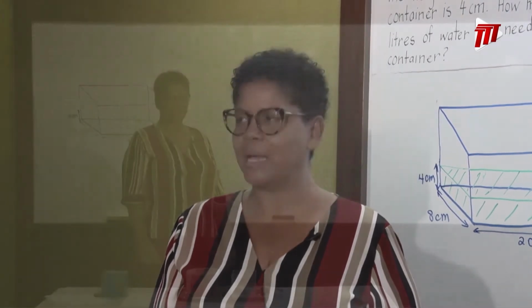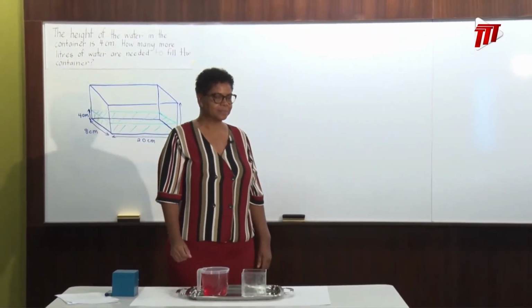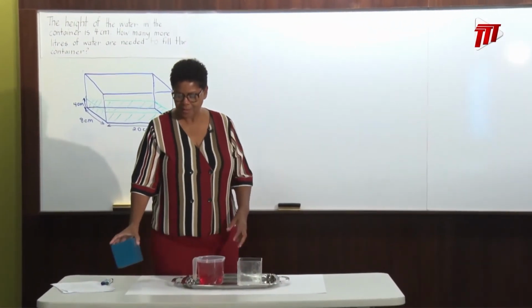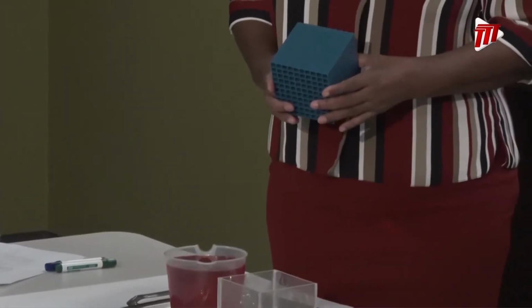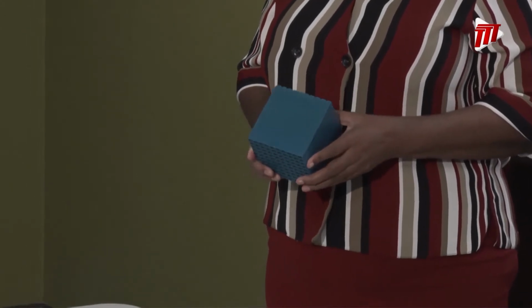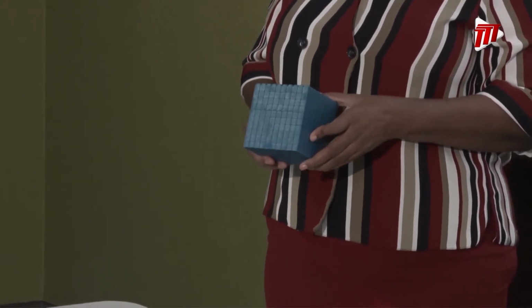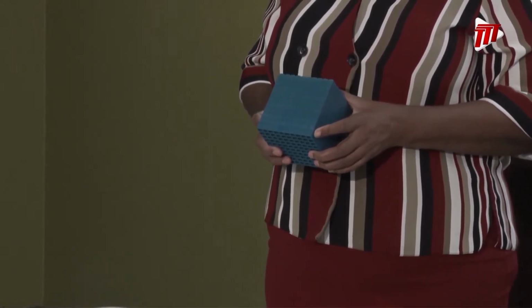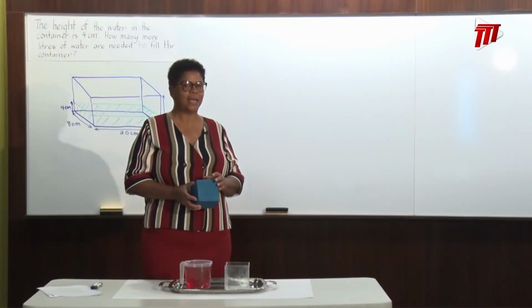Here I am going to demonstrate the relationship between volume and capacity. In front of me, I have this 10 centimeters cube. Remember, I measured it a little earlier, and I showed you that the length was 10, the breadth was 10, and the height was 10.